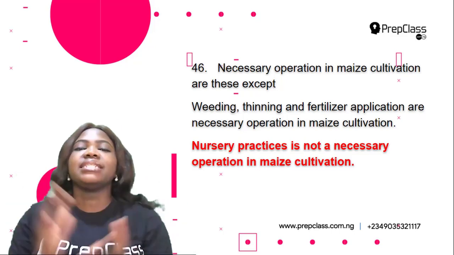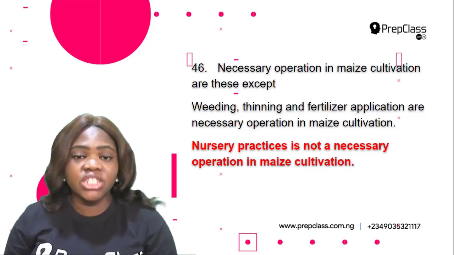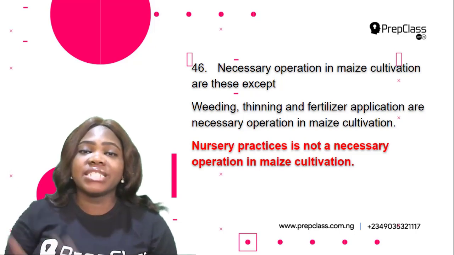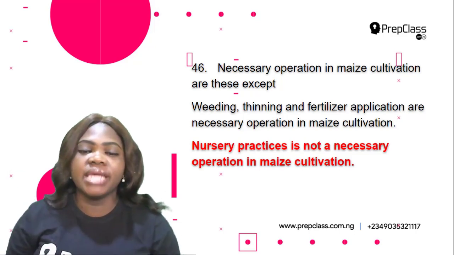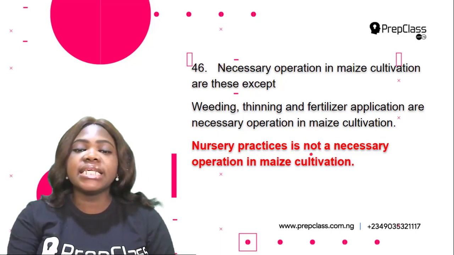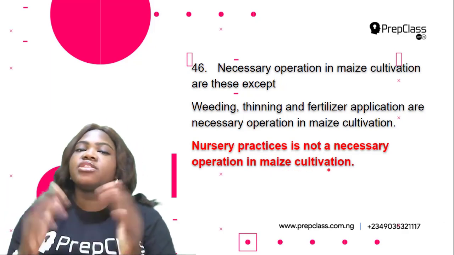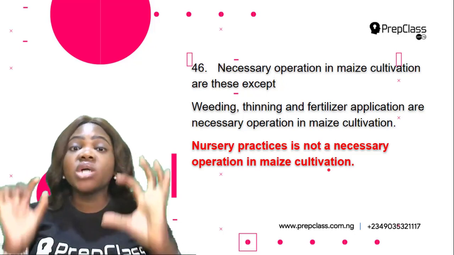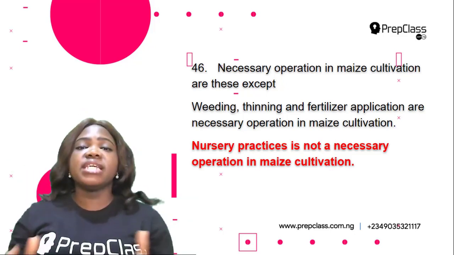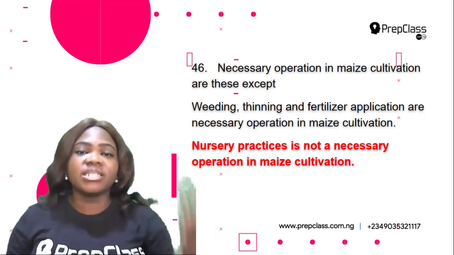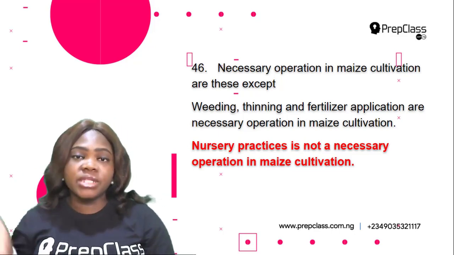So fertilizer application is also necessary in maize cultivation. It's important to apply fertilizers to aid the growth of the maize. But nursery practices is not a necessary operation in maize cultivation. Nursery practices can be done, but it is not necessary. A nursery is a place where young plants are grown to a desired age before transplanting them to another field.